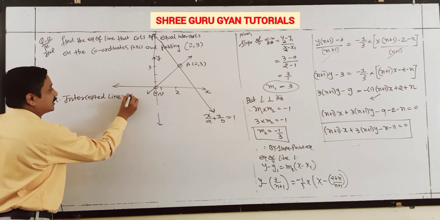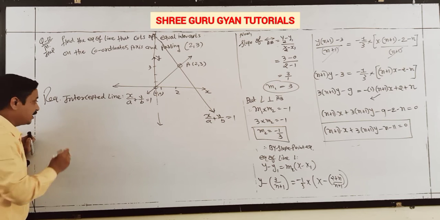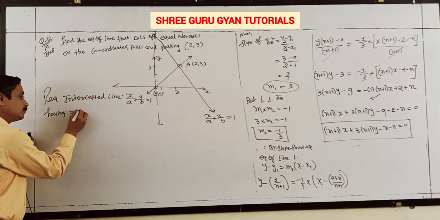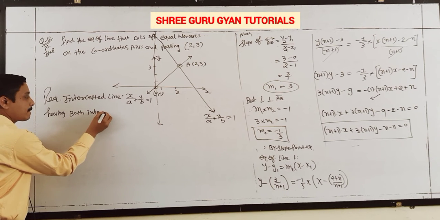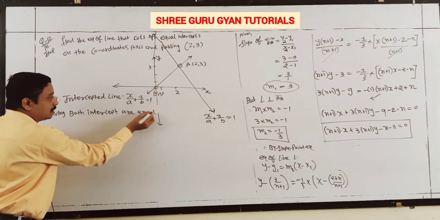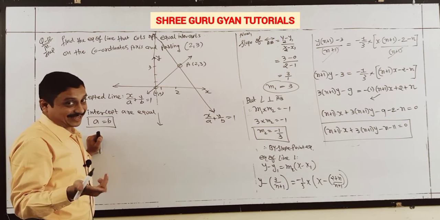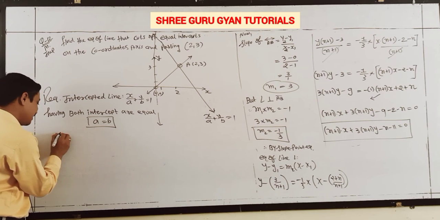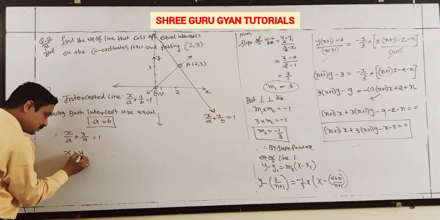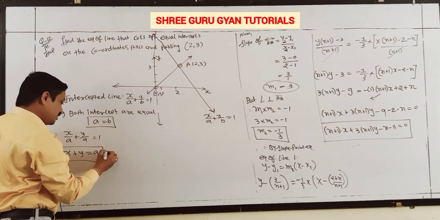The intercept form x by a plus y by b equals 1 has both intercepts equal. It means a is equal to b, because a and b are both the x-intercept and y-intercept. So I can write x by a plus y by a, that is x plus y equals a, and that line passes through 2, 3.